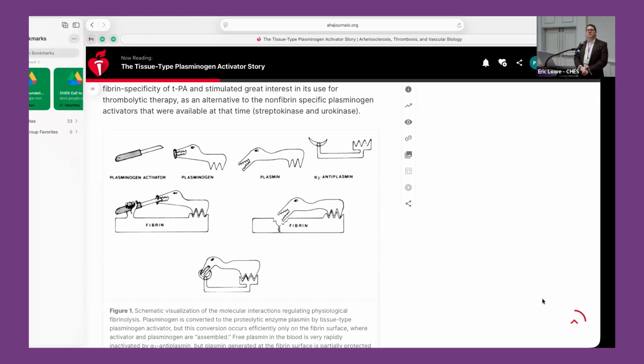The more factor deficiencies does add complexities, but I think it probably depends a little bit on which factor level is the lowest. If some are a little below the laboratory range of normals, but there's only one that's in the likely bleeding symptoms range, then I would focus on that one.